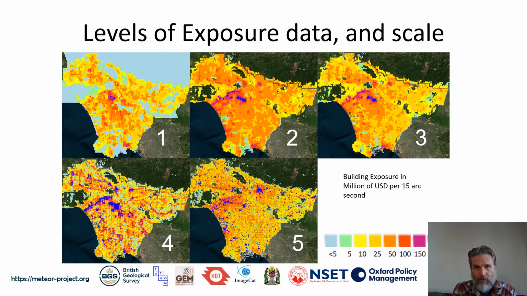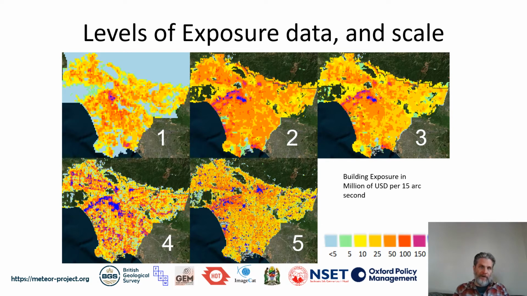So as you get to level 5, you can really start to see the changes in density throughout the suburban areas of Los Angeles, whereas that is much less clear in types 1 and 2. So, likewise, you can see between 2 and 3, there's quite a bit of difference in terms of how that weighting and value is represented as you move out from the center of the city. So we'll talk about these levels in a little bit more detail as I go along here.